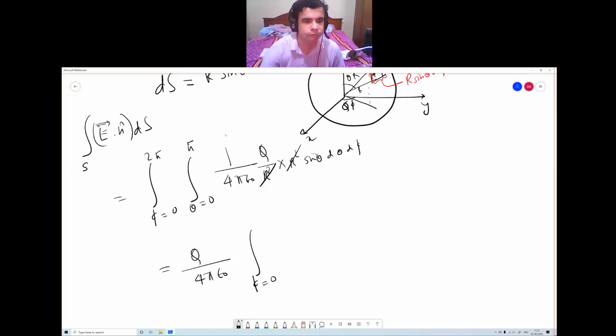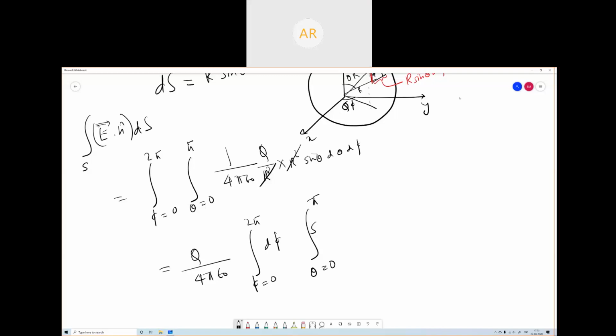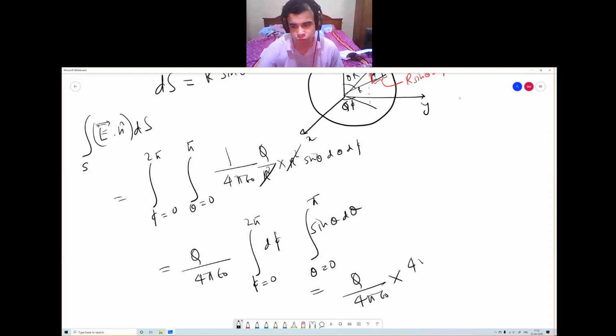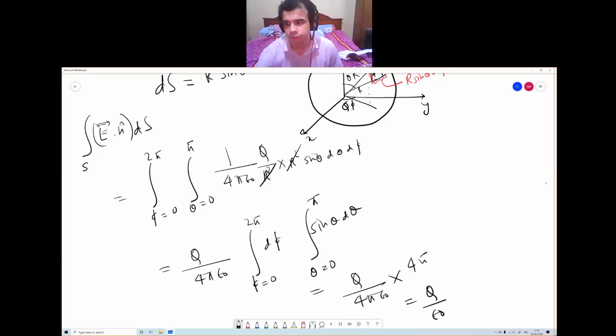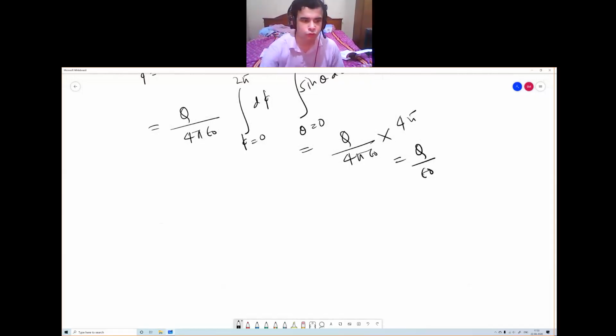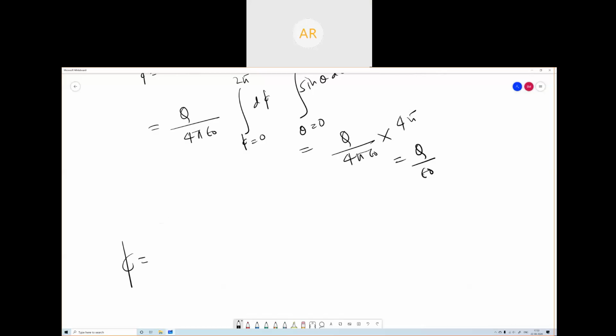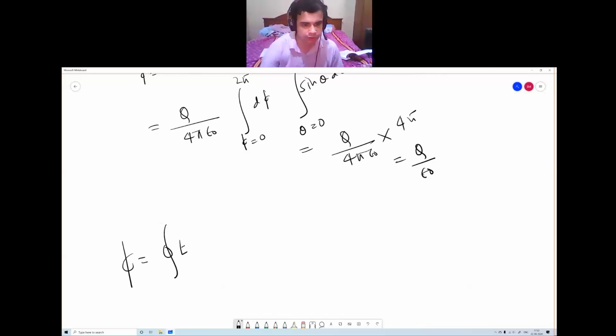Integral of phi from 0 to 2 pi d phi, theta from 0 to pi sine theta d theta. This integral is Q by 4 pi epsilon naught into 4 pi, that is Q by epsilon naught. So the closed integral of E dot ds is Q by epsilon naught.